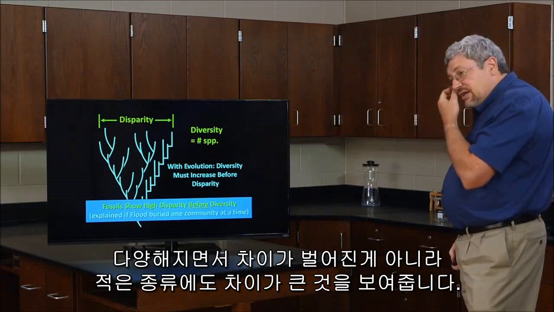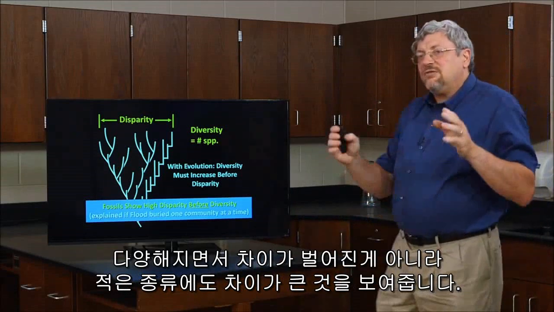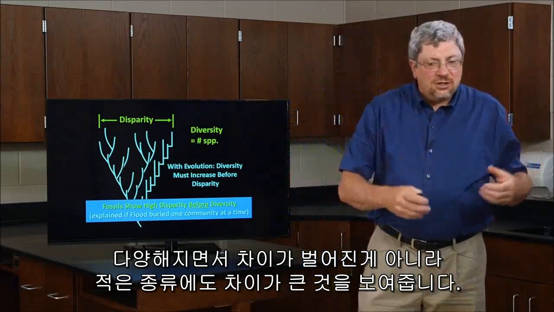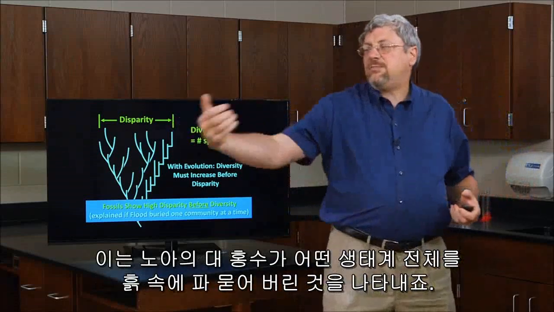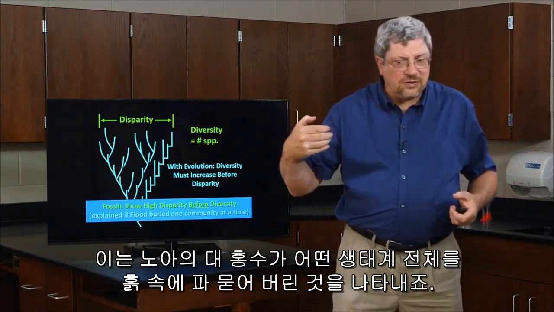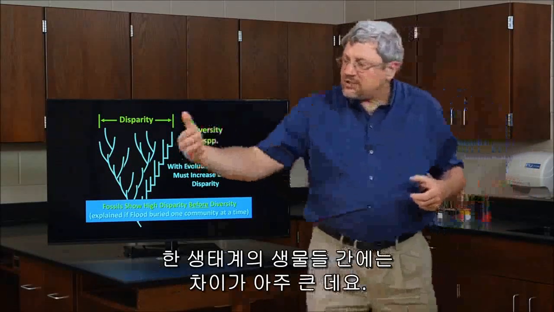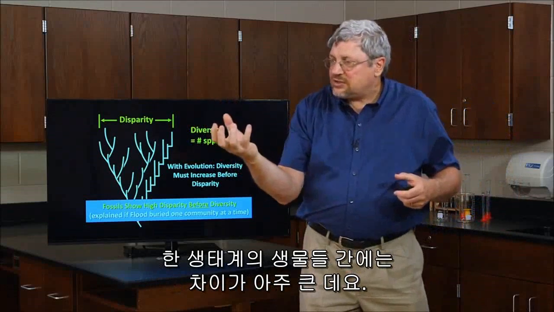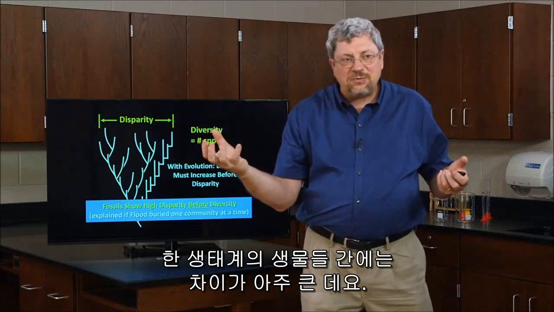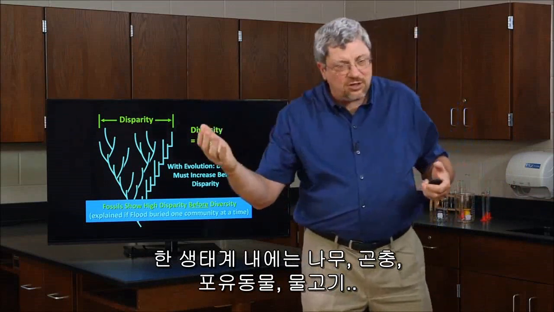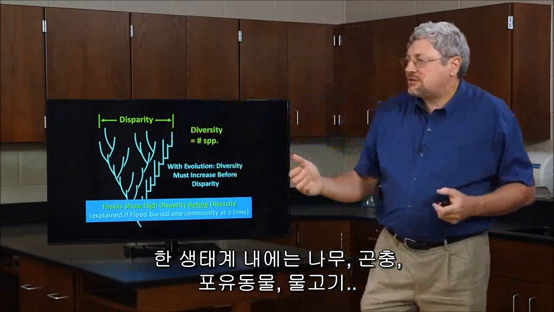But I would suggest that the observation of disparity before diversity fits a flood account, because if the flood is coming in and, let's say, picking up entire ecosystems and carrying them and burying them, when it picks up an ecosystem, the ecosystem has a very high disparity. It has trees, let's say it's a terrestrial ecosystem.